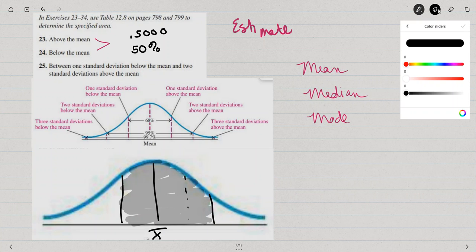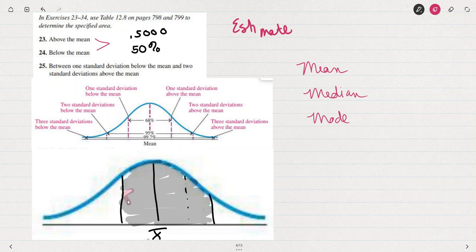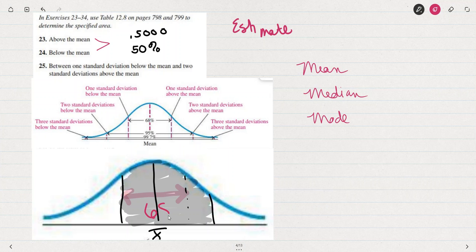Well, we know that in this space here, we've got 68% from our empirical rule. So what we need to add to that is this segment off to the right.